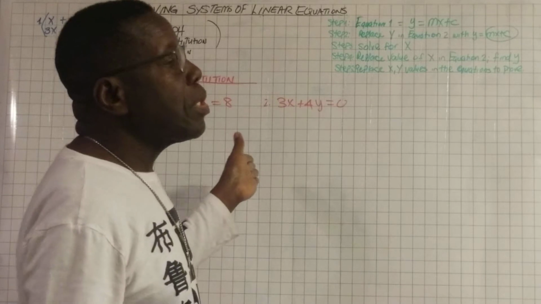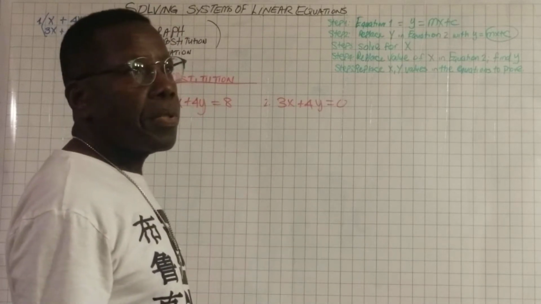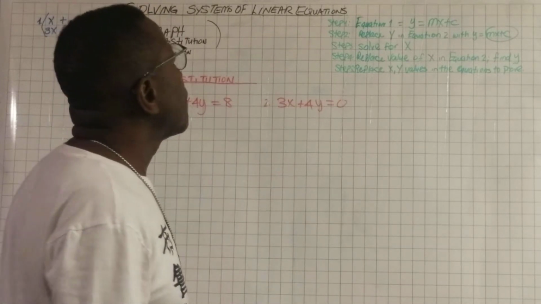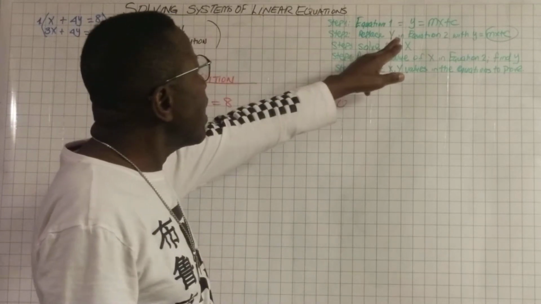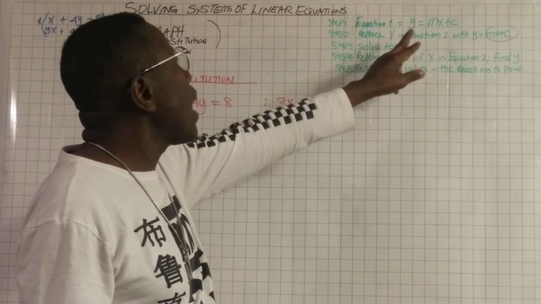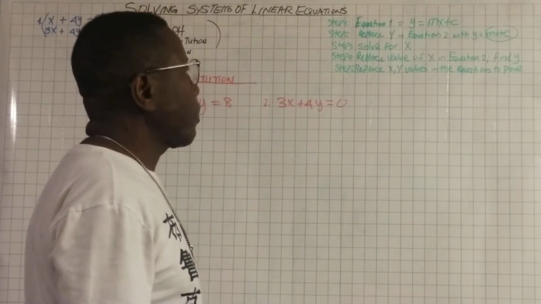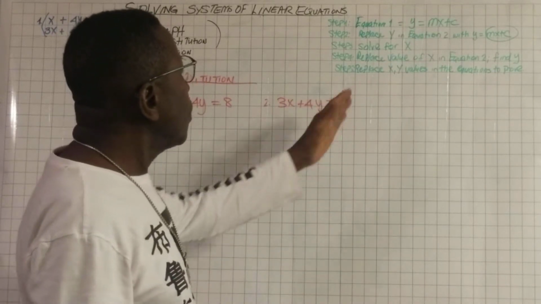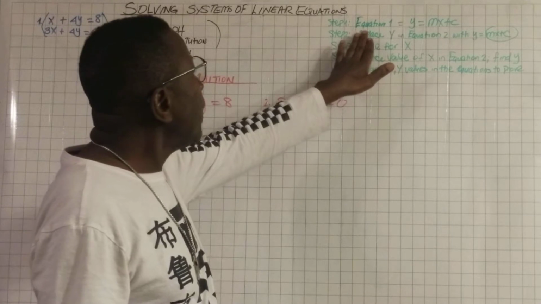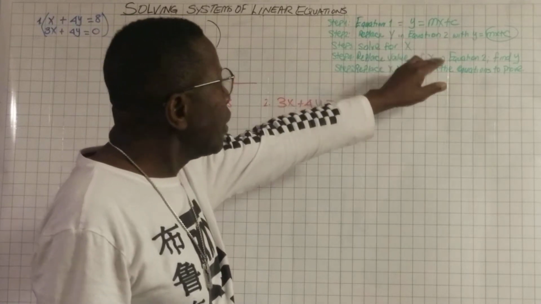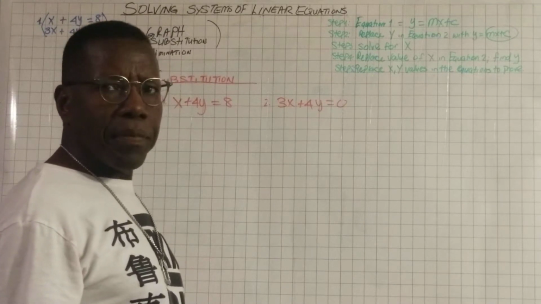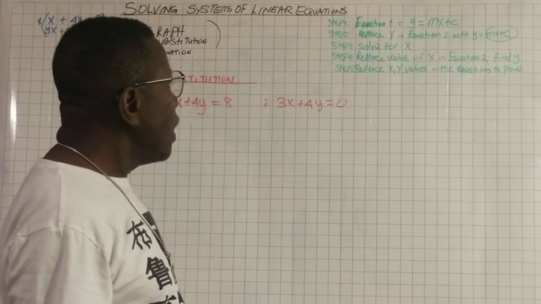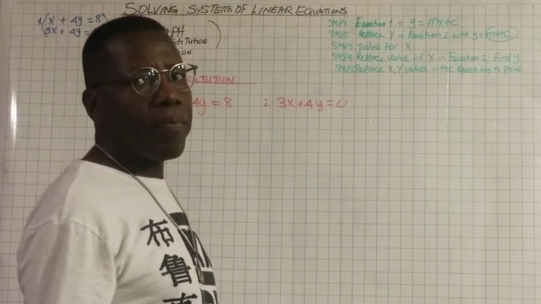What are the steps for substitution? Here's what you do. Step 1, you take equation 1 and you write it in the form y is equal to mx plus c. Then you replace y in the second equation with the value of mx plus c that you get from the first equation. You use that to solve for x.